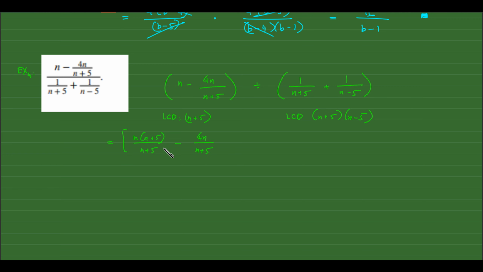Use the bracket, divided by. Over here, they're missing n minus 5. And over here, they're missing n plus 5.